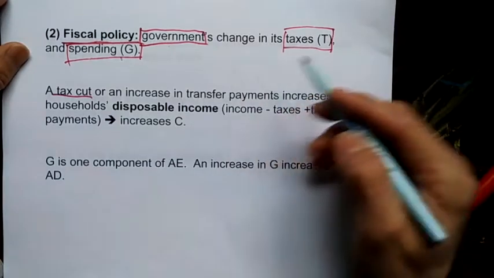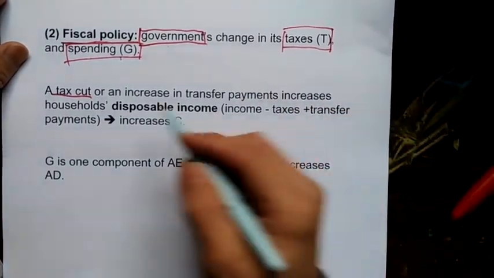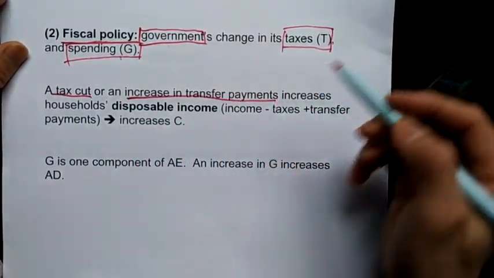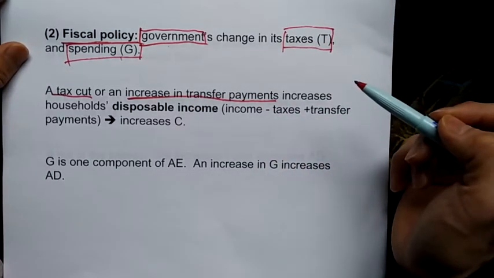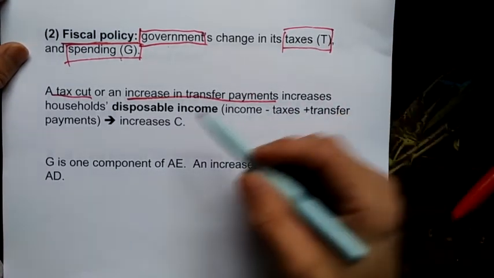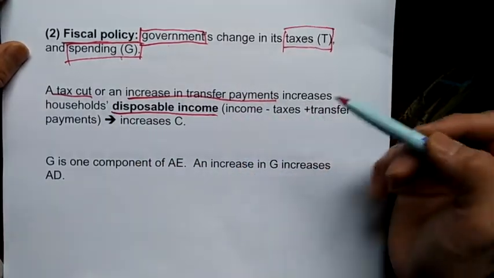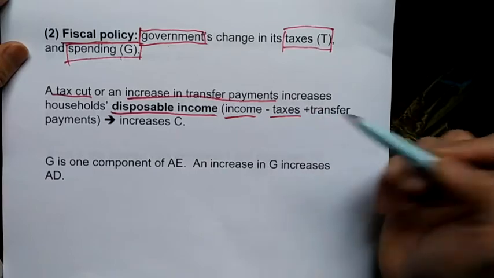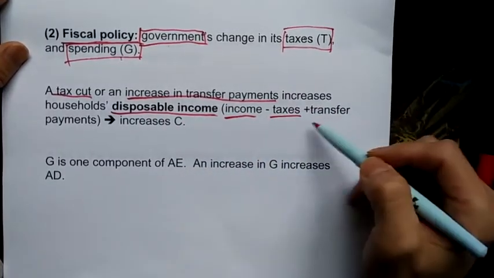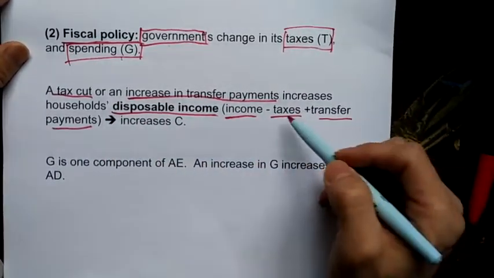So a tax cut, or a negative tax cut, that is, an increase in transfer payments, will increase the household's disposable income. Remember, income minus tax is the disposable income, and transfer payment is just like a negative tax.